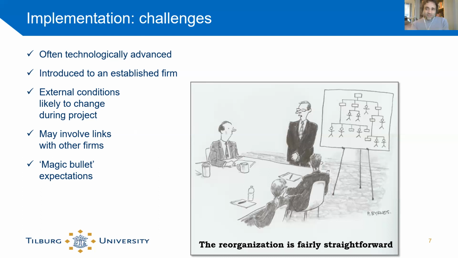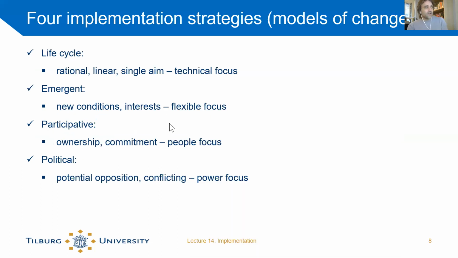Okay, implementation, very difficult. Okay, what is the solution? How can you make sure that people will actually adopt a new technology or a new innovation in your organization? Well, there are basically 4 different implementation strategies.